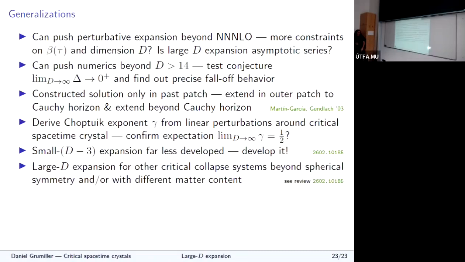Moreover, once you know that the large D expansion is useful in the context of critical collapse, it might be interesting to go beyond spherical symmetry or to consider different methods.